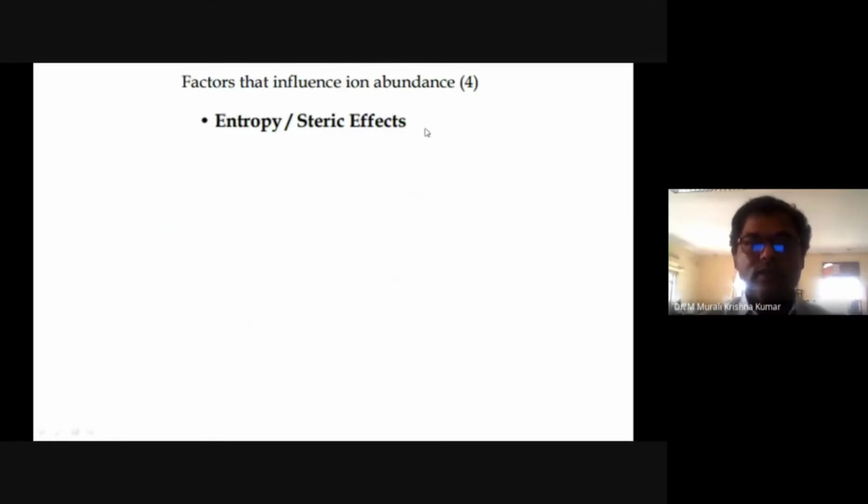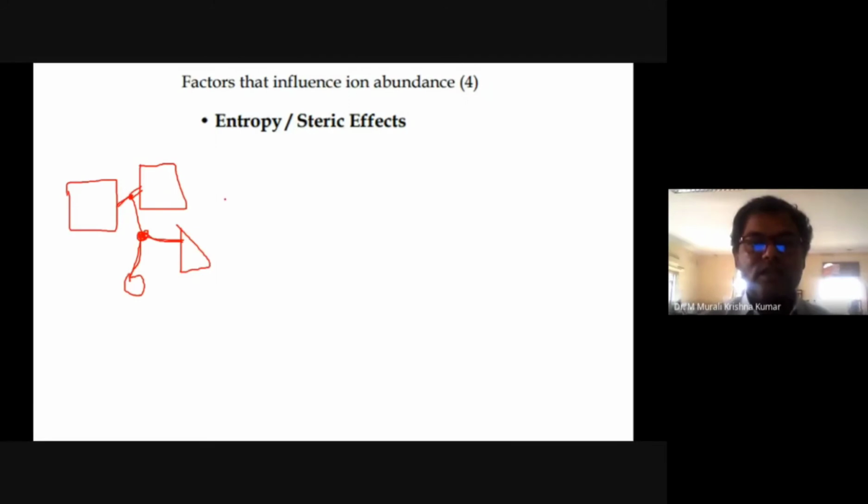And the next one, so far we have seen three types of factors. This is the fourth factor, that is ion abundance is also dependent on entropy or steric effects. Let's say we have a molecule which is connected to an atom like this. So this is the carbon atom. It is connected to another carbon atom. This is connected to very heavy groups.